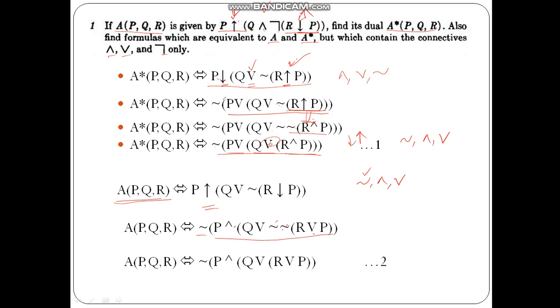Again, NOT of NOT kill each other, and what remains is NOT of (P and (Q or (R or P))). This is equation number 2, which is in the form where the symbols are NOT, AND and OR. If you want, you can proceed further and simplify this to get a simplified equation, but for this question it is sufficient to solve up to this point.